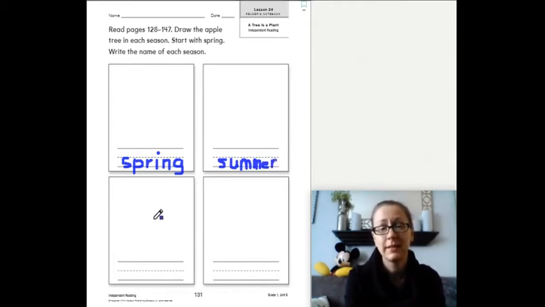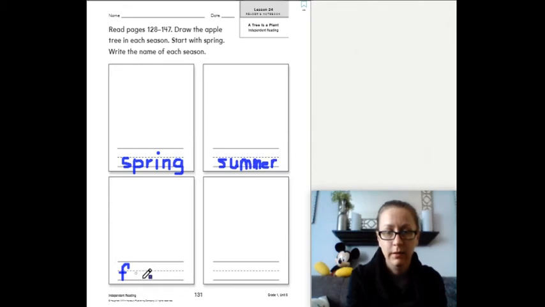Then the next season that comes after summer is fall. So we're going to write fall in this box, F-A-L-L. Let my pen catch up here. There we go. So there's fall, and then our last season is winter. So winter in our last box.